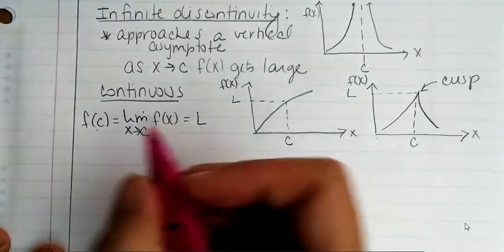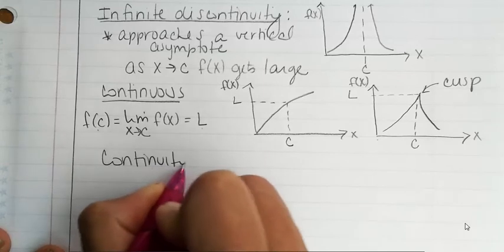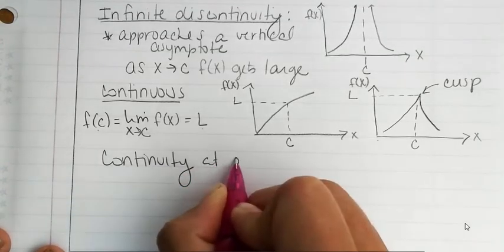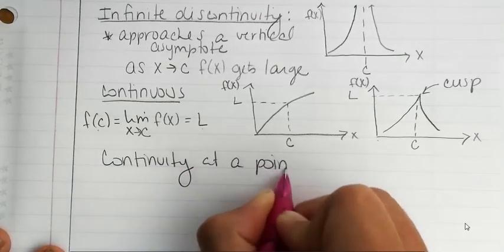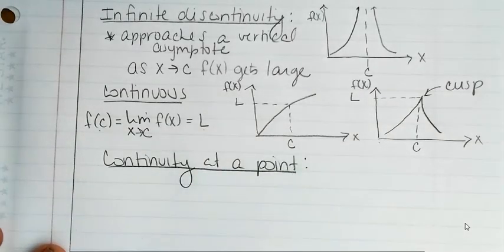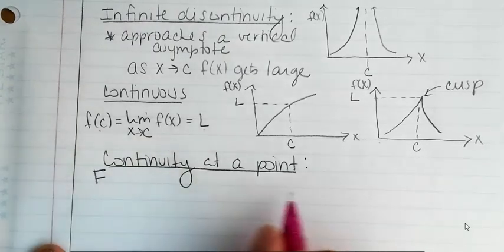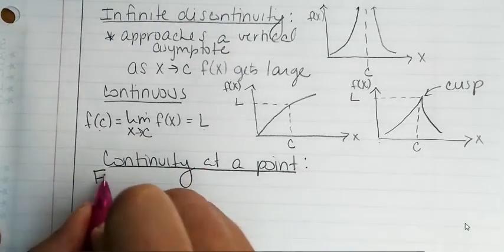All right, let's define a few things. Continuity at a point. So how do we know if we're continuous at a specific point?